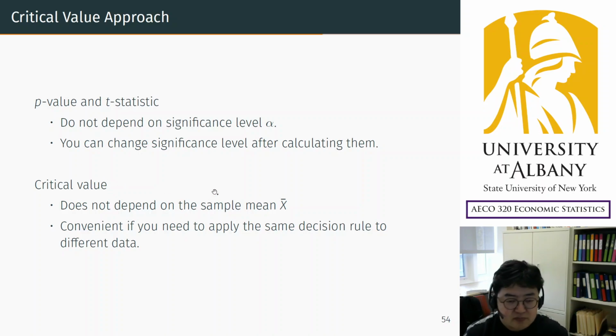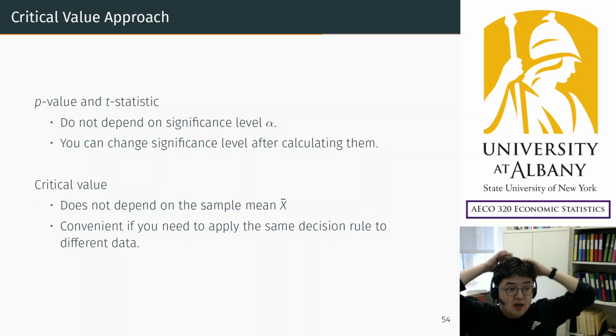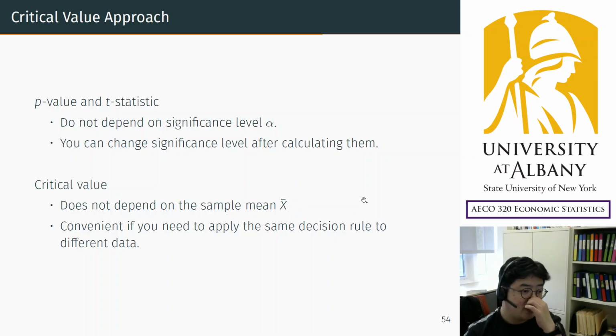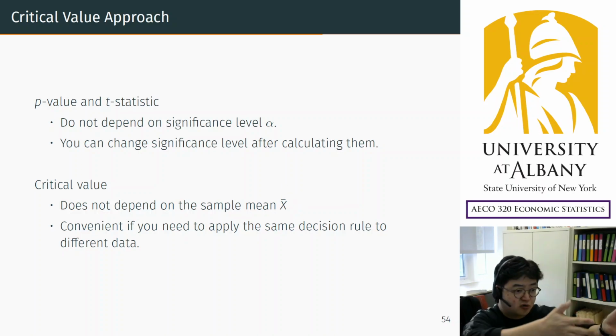That is a big thing. When I explained the p-value and t-statistic, what I said is that when you have data and you may change alpha, given the same data, then the p-value approach or t-stat approach is good, because once you calculate them, you can change alpha easily. However, now think about this. You have the same decision rule, but what changes is the data, right? Suppose you apply the same decision rule with the same alpha to this group and that group.